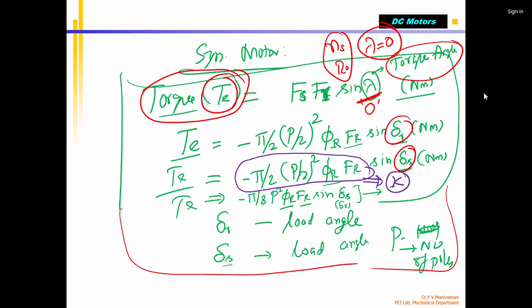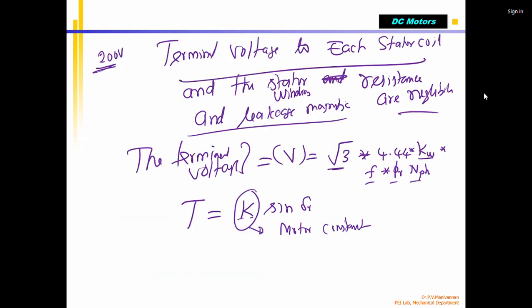Once that value is given, you only need to know the delta R, which is same as delta S. Multiply it by sine of delta, you will get the torque generated by the motor. This is how you calculate the synchronous motor torque. And phasor diagram we saw.